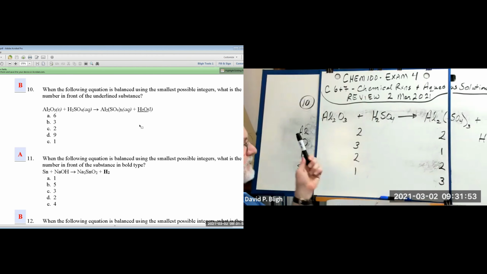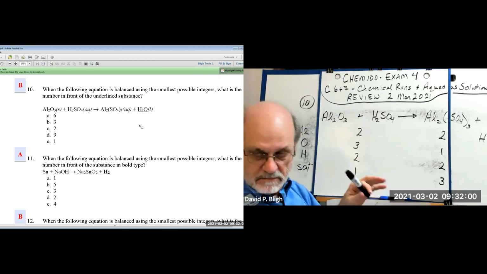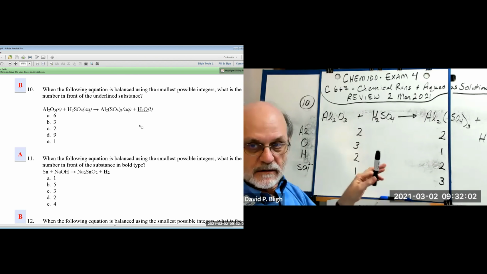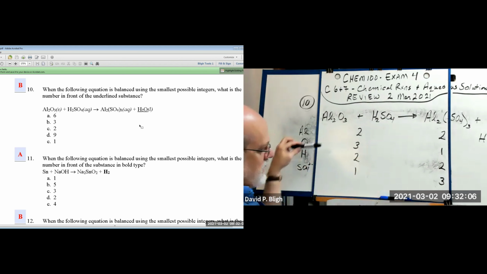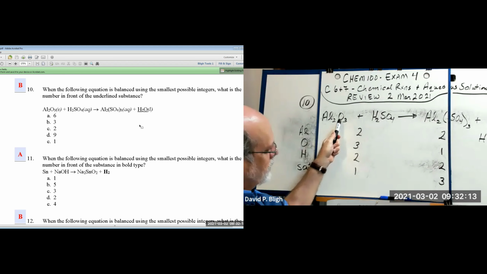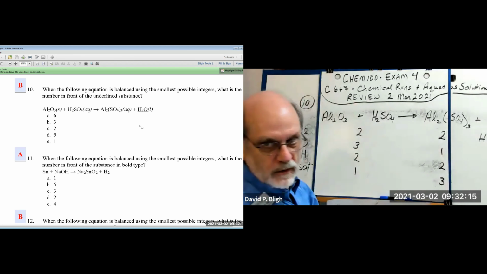Okay? At this point, aluminum and hydrogen are balanced. We don't have any separate elements for it to hold in reserve. So let's look at oxygens and balance oxygens here with that molecule.